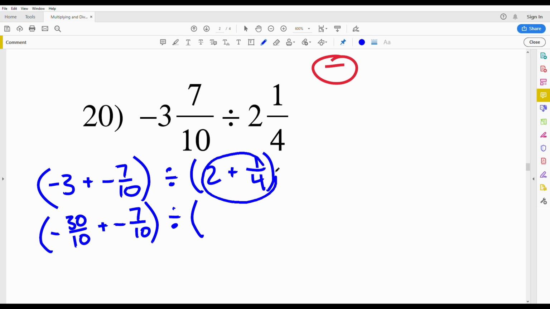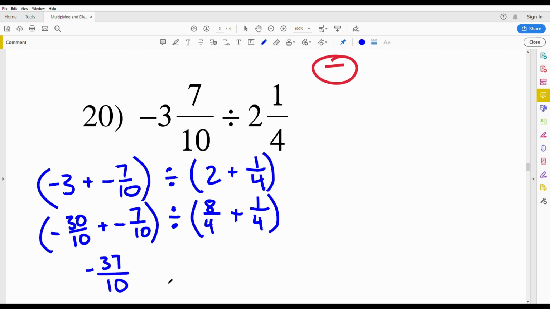The common denominator here is going to be 4. So what divided by 4 gives us 2? That's going to be 8 divided by 4. 8 divided by 4 is equal to 2. So I'll be adding that to 1/4. Now, simple addition of adding fractions. Negative 30 plus negative 7 is going to be negative 37, and that's all over our common denominator of 10.